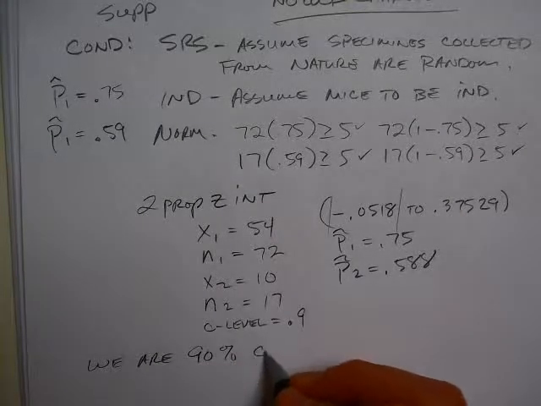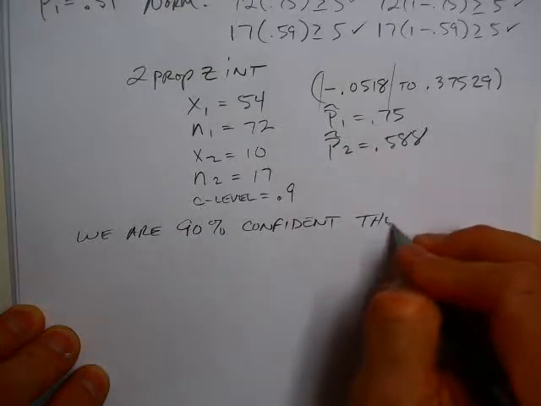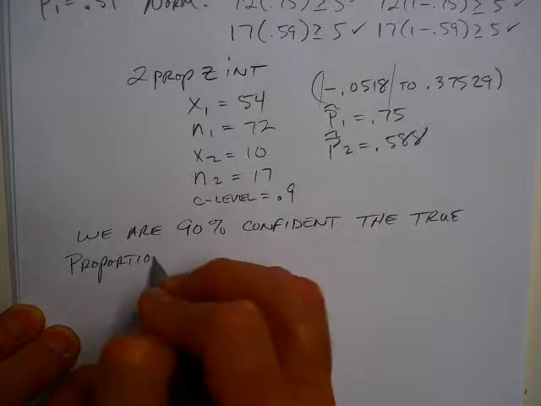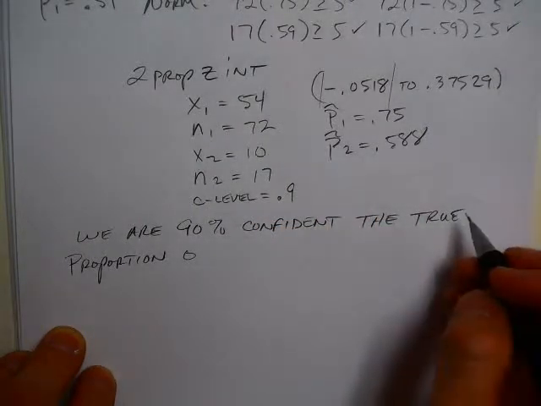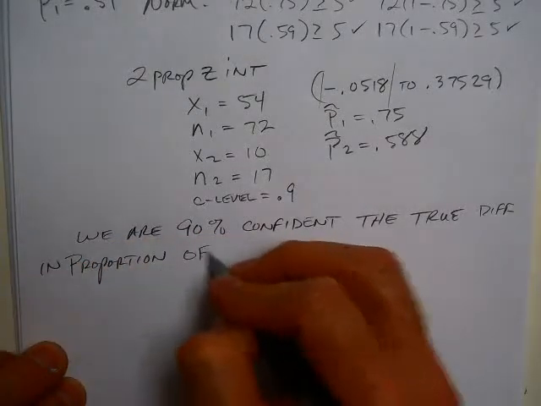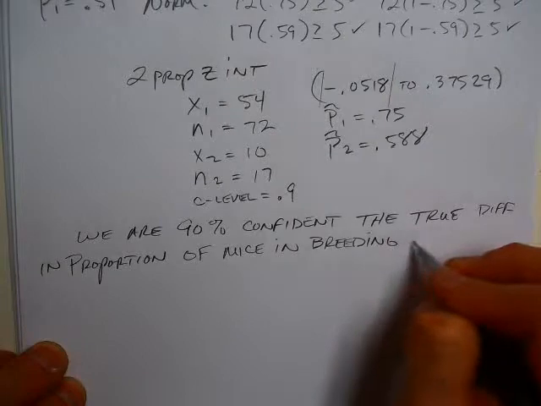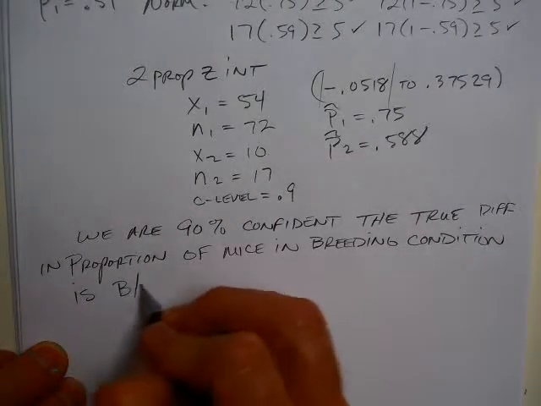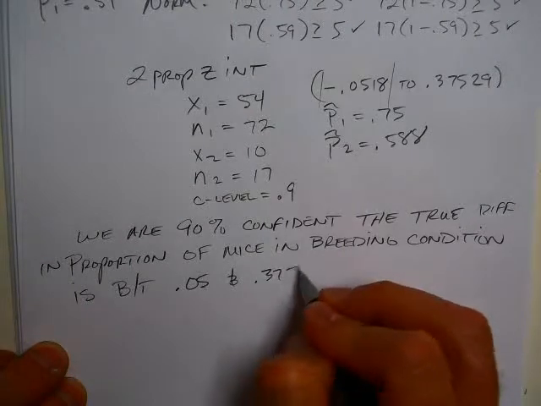So we're going to say that we are 90% confident the true difference in proportion, I should say, of mice in breeding condition, so we're talking about proportion here, is between 0.05 and 0.375.